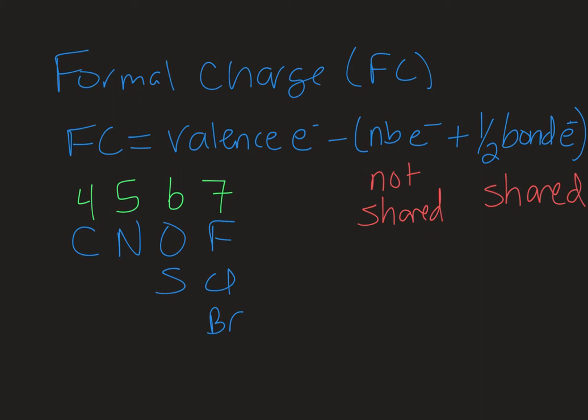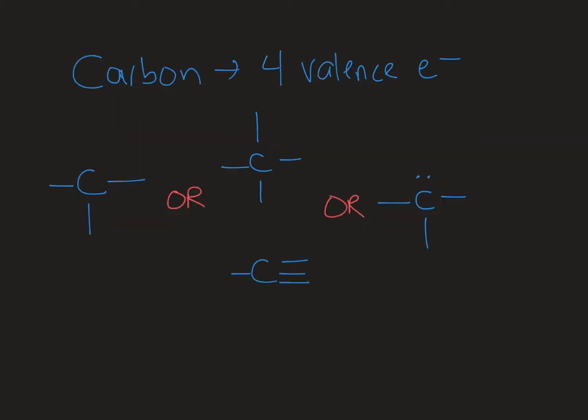So the number of valence electrons on an atom is given, and then we would just look at the particular atom to figure out how many non-bonding electrons and bonding electrons it has to calculate our formal charge. So let's begin with carbon, since it's going to be in every organic molecule.